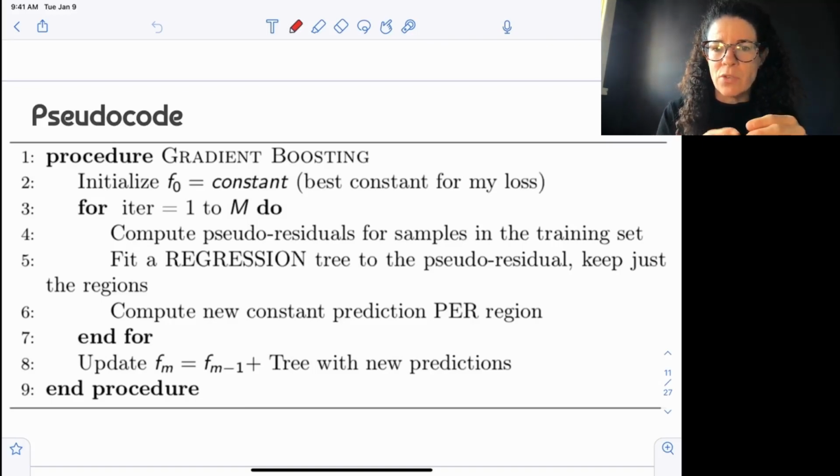Then we fit a regression tree to these pseudo residuals, and we keep the regions of that regression tree. We compute constants, new predictions per region, using our new loss function, and we add that tree to the previously fitted trees. And at the end, we output the sum of all the trees. So this is the pseudocode, and right now I'm going to go into details on how we actually do this.